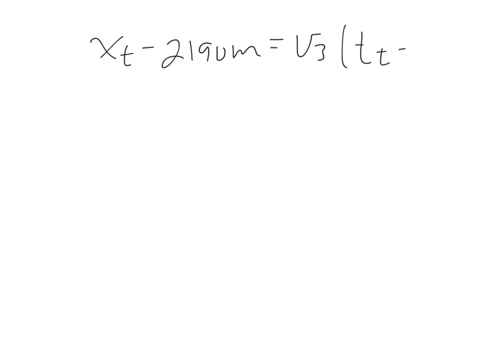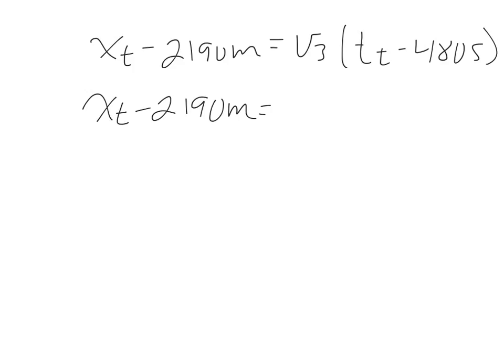So my x3, which equaled x total minus 2190 meters, equals v3 times t total minus 480 seconds. Sorry, that's not an equals, this is a minus: x total minus 2190 meters equals my v3, which we were given, 3 meters per second, times t total minus 480 seconds.